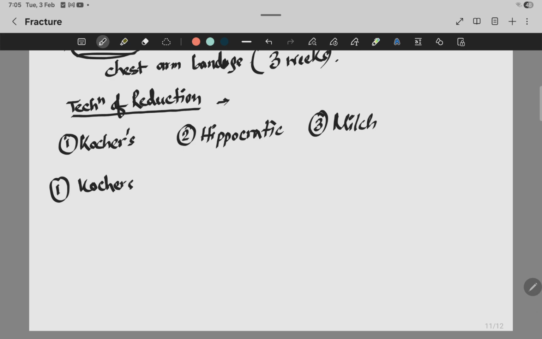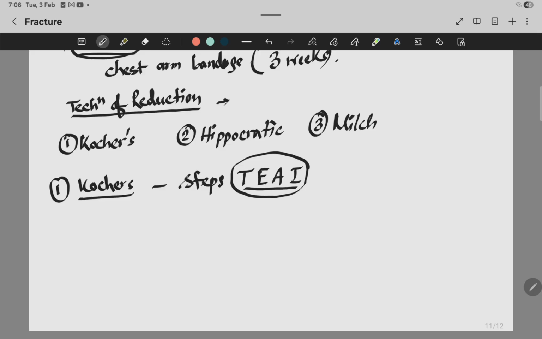What is the Kocher's reduction? In Kocher's reduction, there are a few steps, which we can say TEAI for memorization. T for traction.